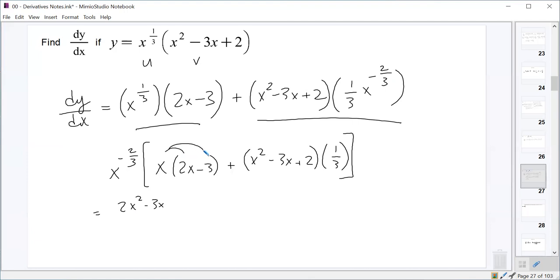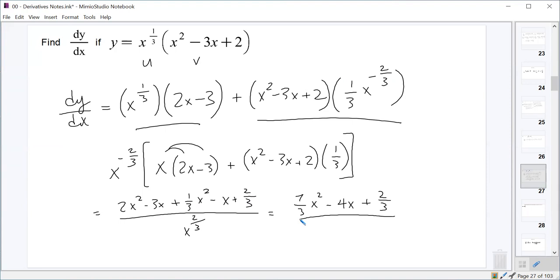And the second piece will have 1/3 x squared minus x plus 2/3, all over x to the 2/3. If we combine our like terms there, we'll end up with 2x squared plus 1/3 x squared, which would be 7/3 x squared, minus 3x and minus another x would be minus 4x, and the plus 2/3, all over x to the 2/3.